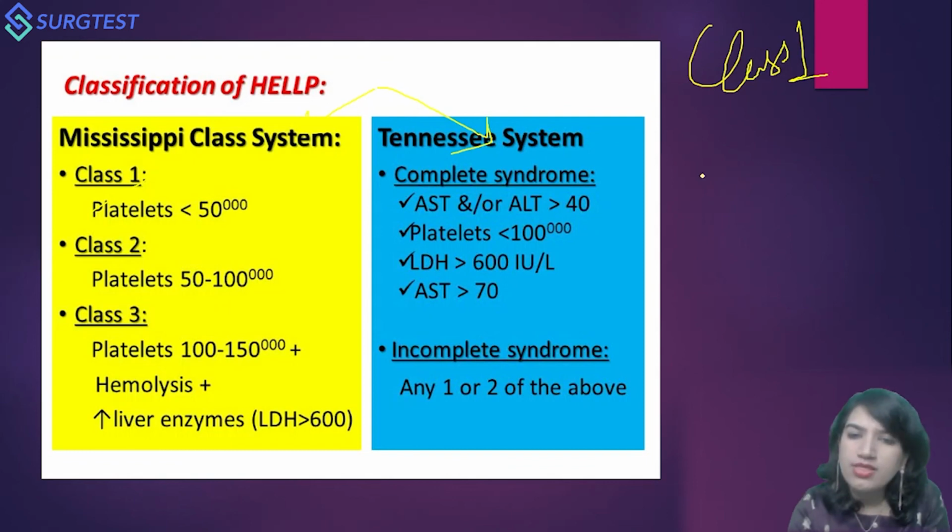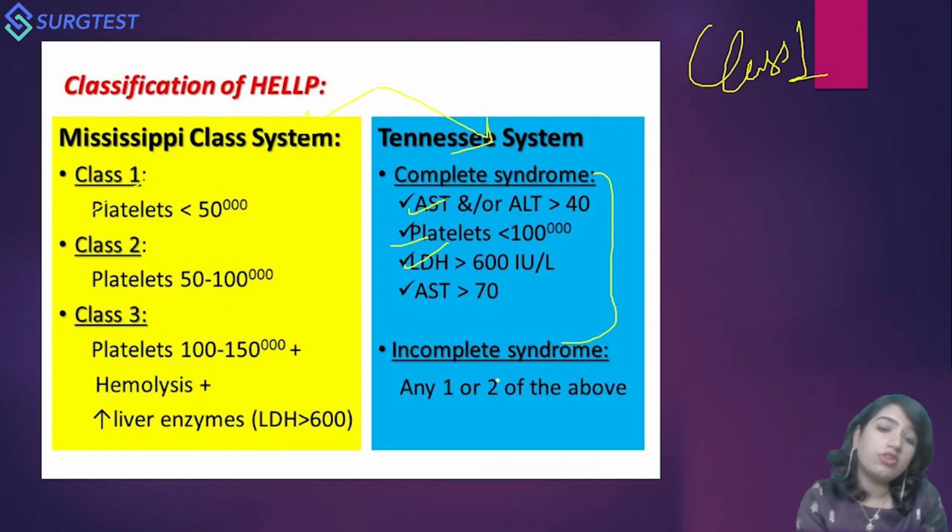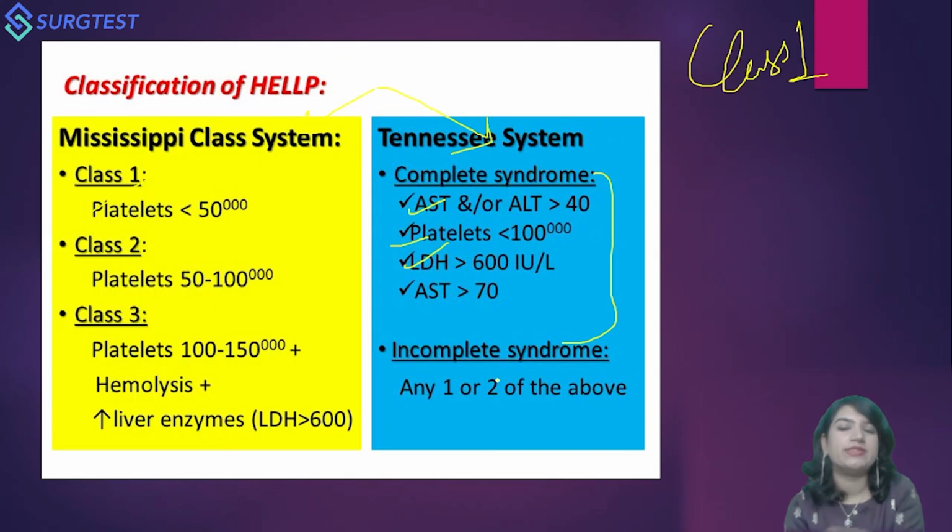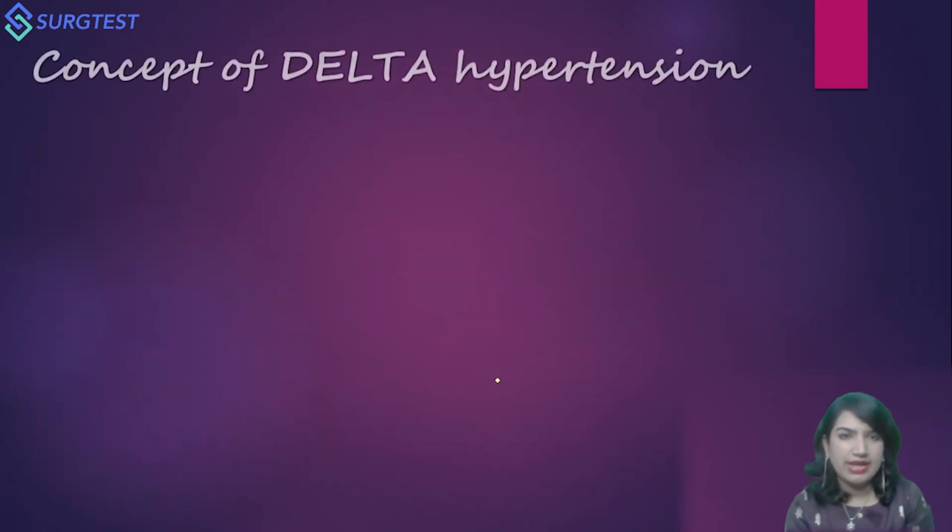If all the criteria are fulfilled, like a raised liver enzyme, a low platelet count, along with LDH more than 600 with hemolysis, it's a complete syndrome. But if only one or two components of HELLP are fulfilled, whether hemolysis, elevated liver enzymes, or low platelets, and not all the criteria are fulfilled, then it is called an incomplete HELLP. So this is the Tennessee system of classification of HELLP.